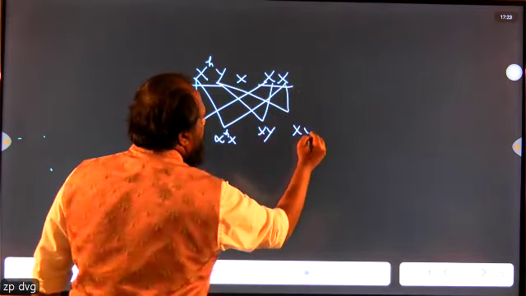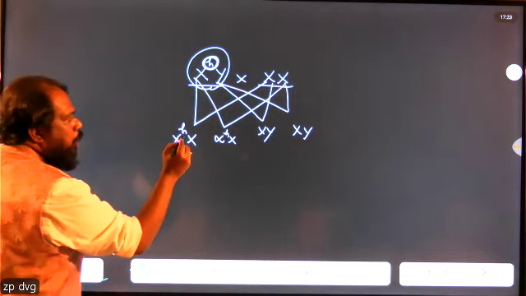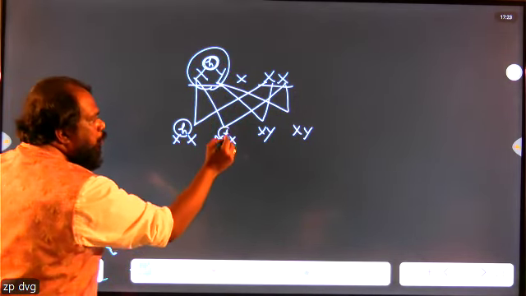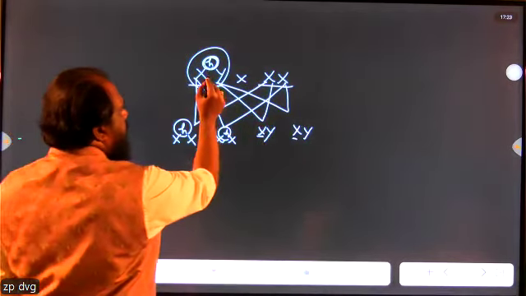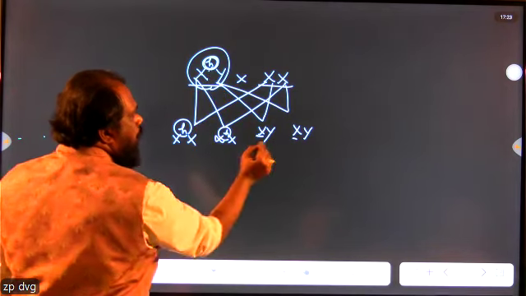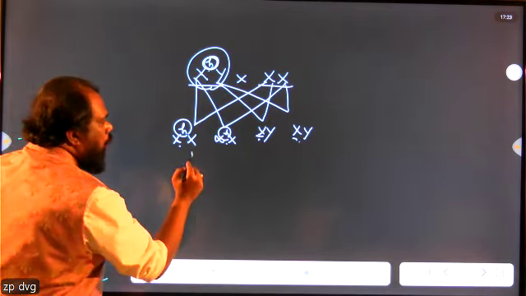Now look at the father. The father transfers the hemophilic gene only to his daughters. The hemophilia gene, that is XH, is not transferred to the son. It is transferred only to daughters.